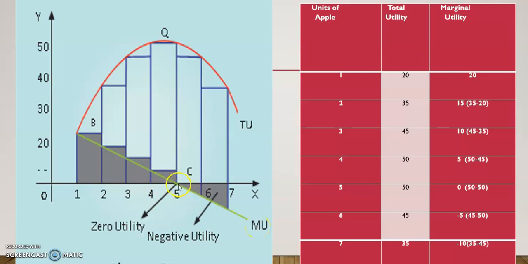After this point, whatever goods the consumer consumes will give only negative utility. That is also shown here. In the sixth unit, the total utility is 45, a little less than the previous unit, which was 50. So generally a consumer gets negative utility, and with the seventh unit it again diminishes.